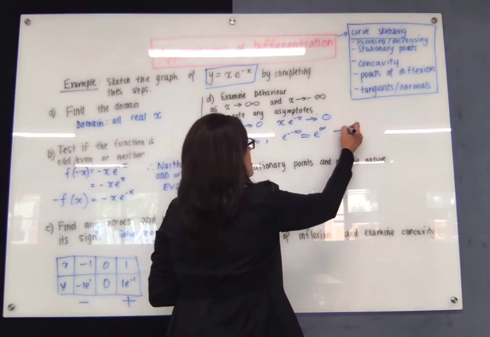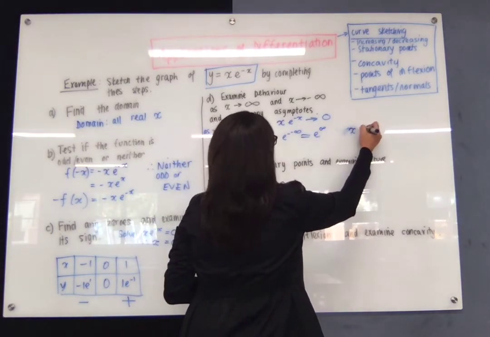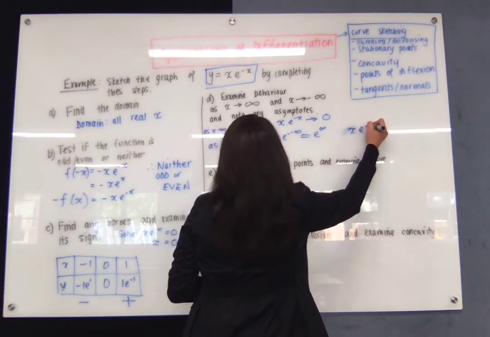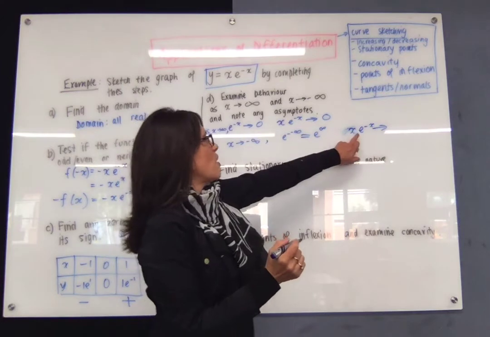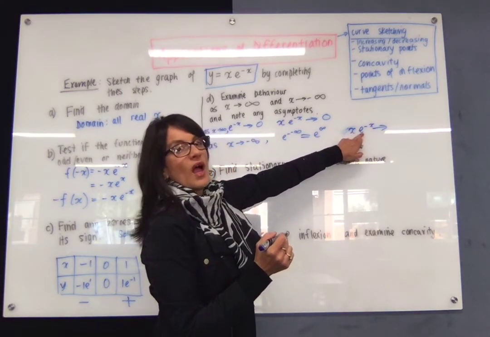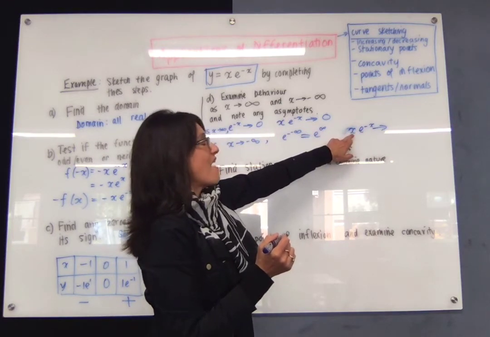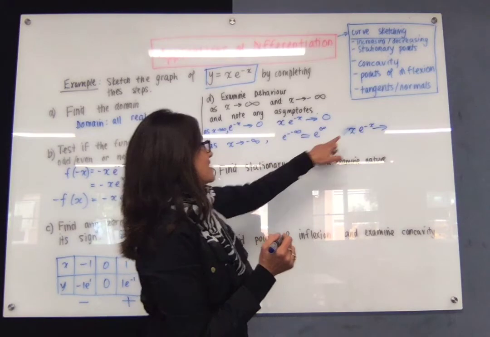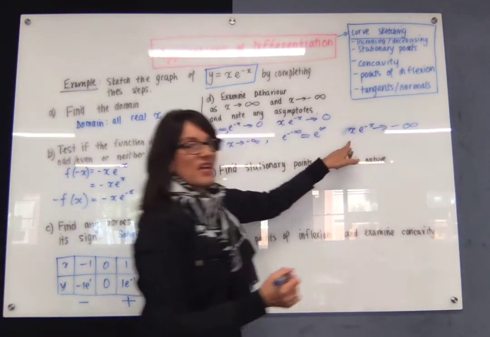But then we remember we need to consider when this is being multiplied by x, what's that going to approach? A very large number, but if we're multiplying it by a very large negative number, then this is actually going to approach negative infinity.